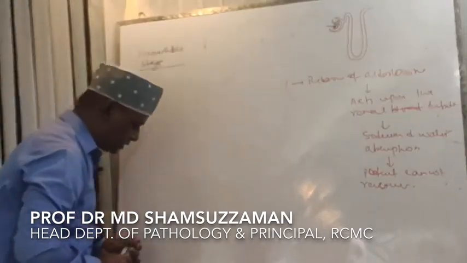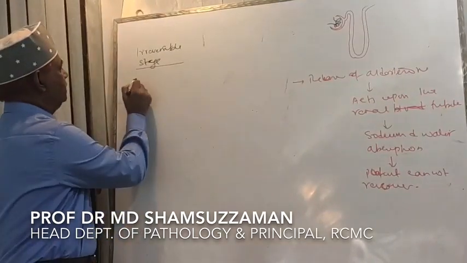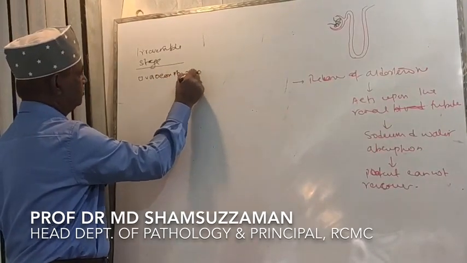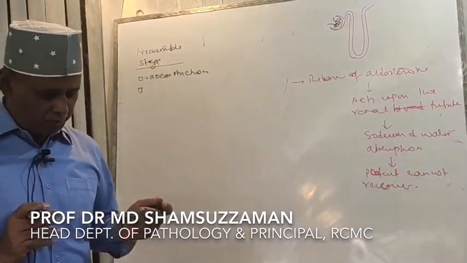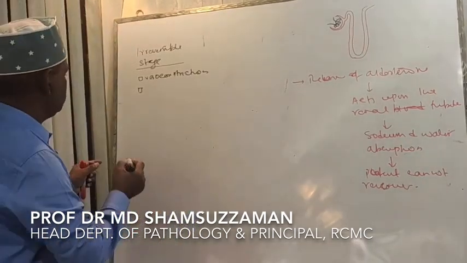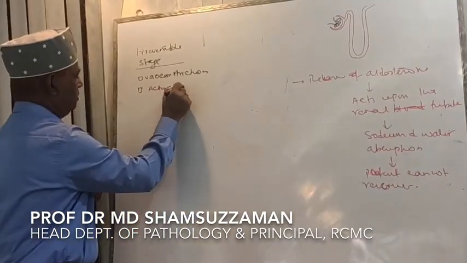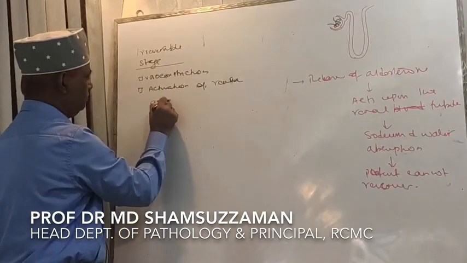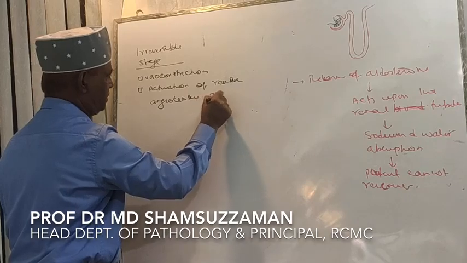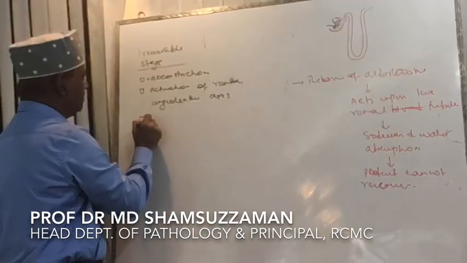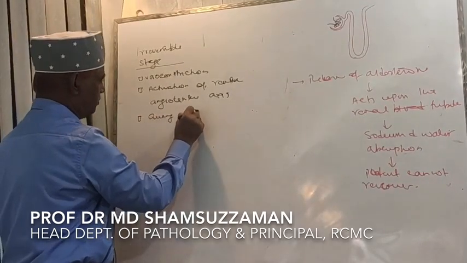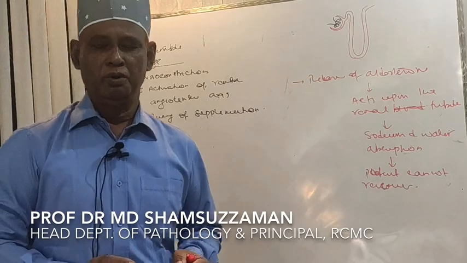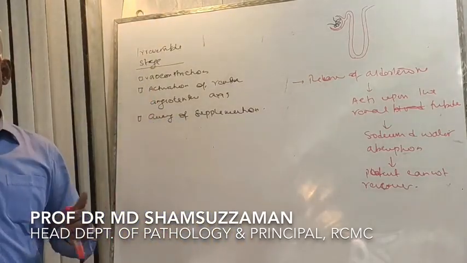In irreversible stage of shock, there is vasoconstriction, there is activation of the renin-angiotensin axis, there is giving of supplementation, either by transfusion or infusion, still then patient will not recover.